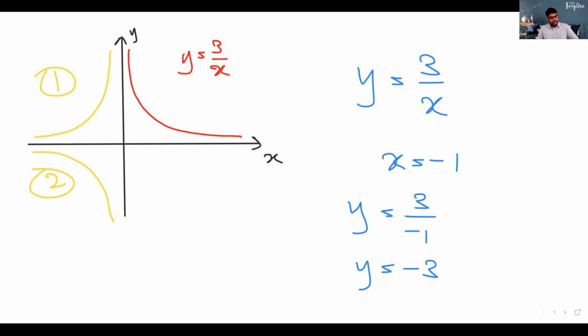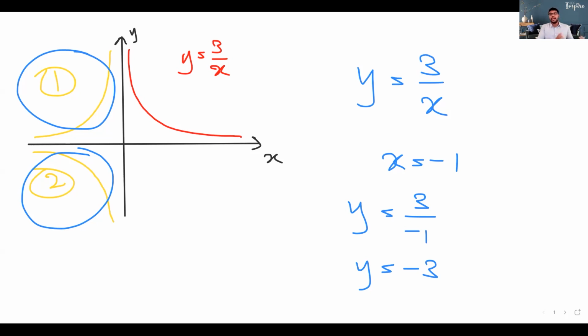In this quadrant, which we call the second quadrant, when the x values are negative, y values are positive, children. So therefore it can't be in this quadrant. But in this quadrant, the third quadrant, when x values are negative, y values are also negative. So therefore both x and y are negative, children. So therefore 2 is the correct answer.